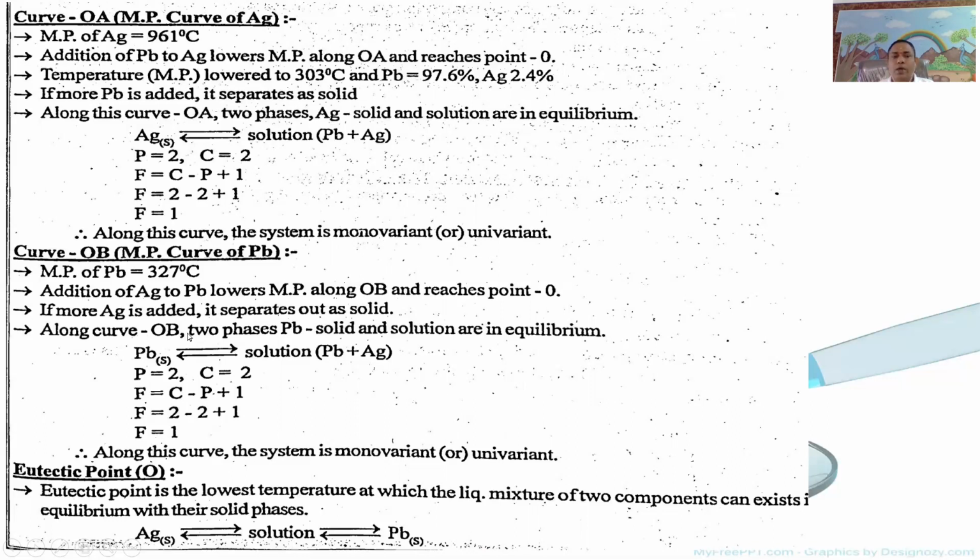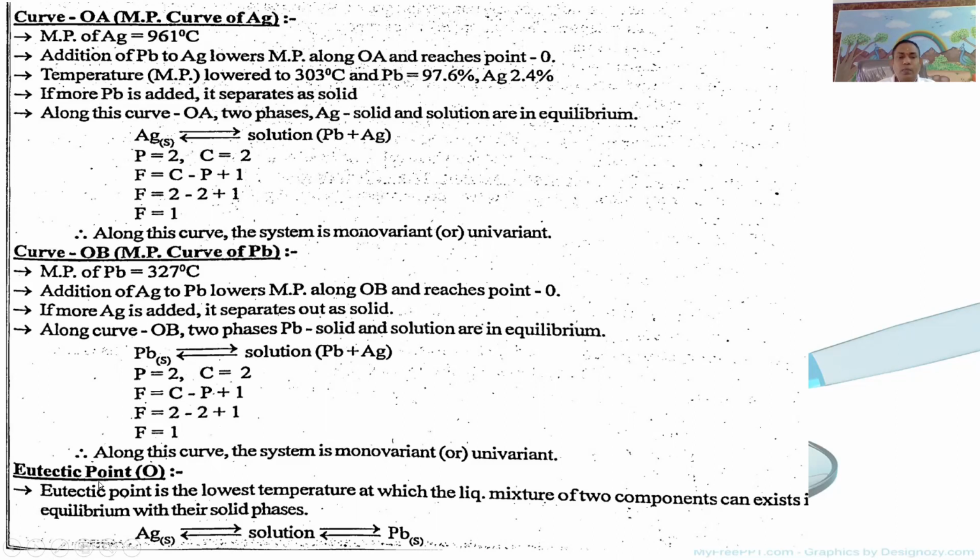Along curve OB, two phases, solid lead and liquid silver-lead, are present. The number of degrees of freedom required to explain any point on the OB curve based on the reduced phase rule is F equal to C minus P plus 1, F equal to 2 minus 2 plus 1, F equal to 1. Along this curve, the system is monovariant or univariant.